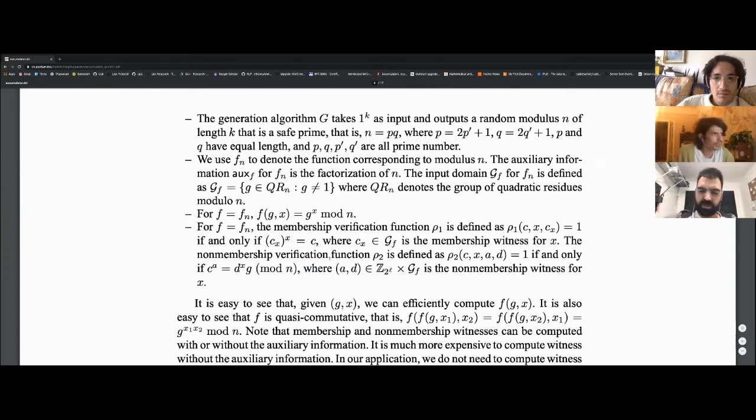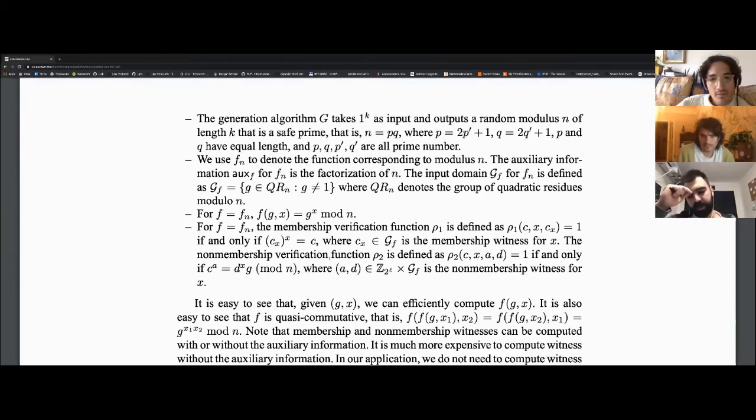So sorry, Alessandro, though. I don't get why it's the product of all the elements of the set. From the original definition of quasi-commutativity, it seems like if you wanted to take f of g of x, comma y, that would equal g to the power of g^x to the y or something.